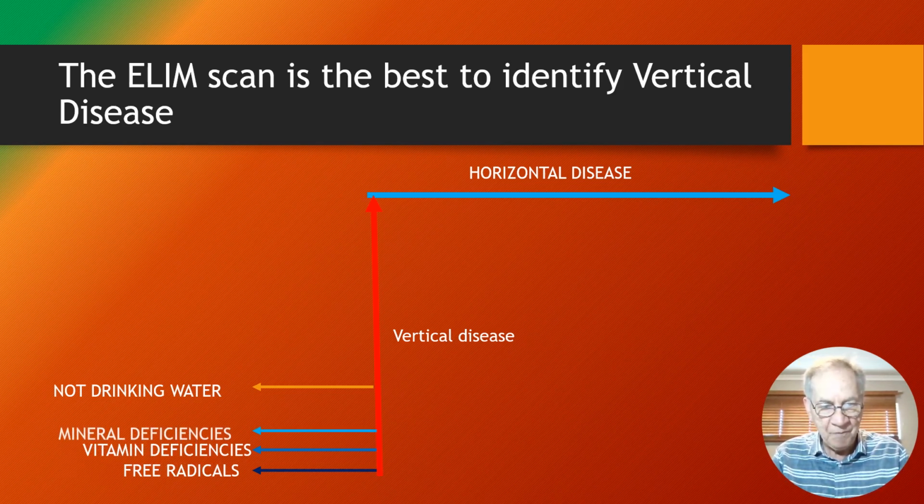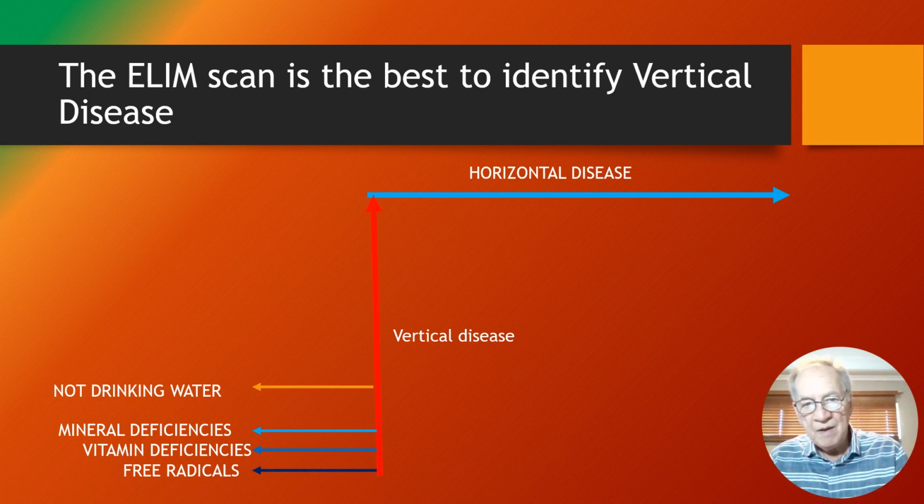The third thing is mineral deficiencies. Minerals are also very, very important because they conduct your electricity in your body, and so all the electrolytes are involved there, and your trace minerals, and it's very important that you are topped up with all the minerals because they will contribute to your health.